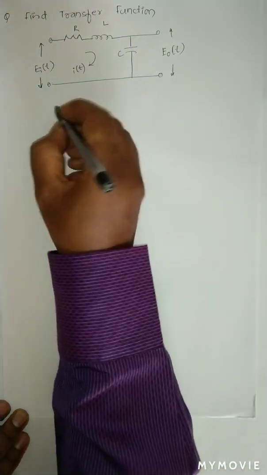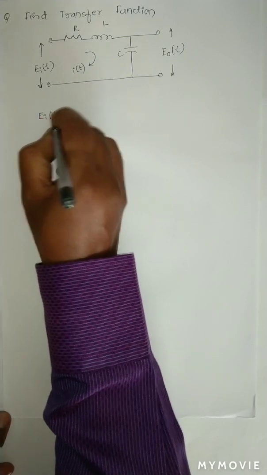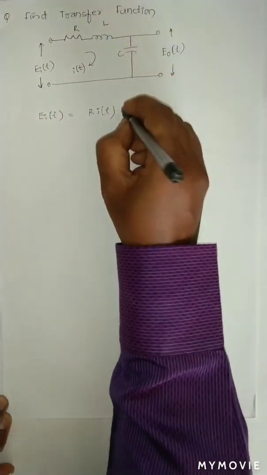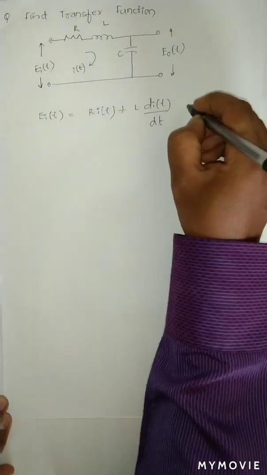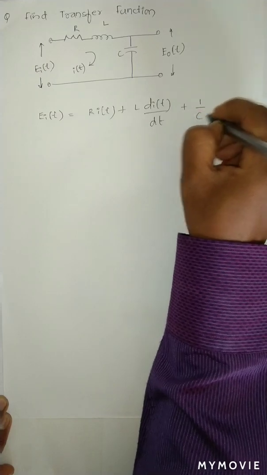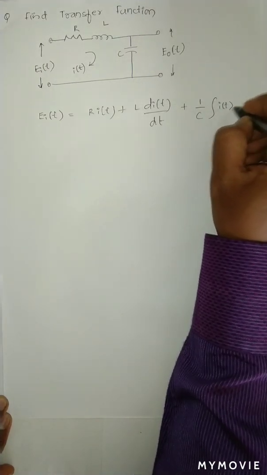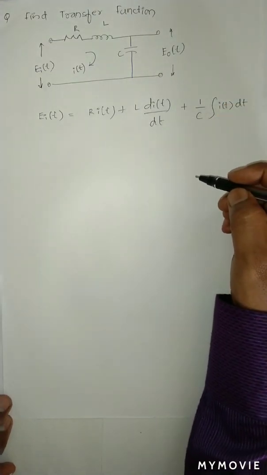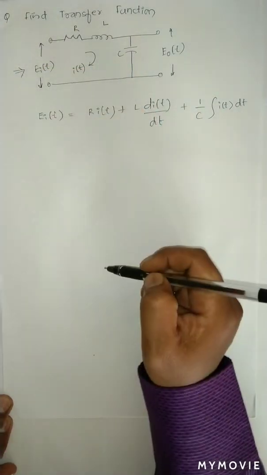So first we will apply KVL, that is EI of t is equal to R I of t plus L di of t by dt plus 1 by C integration of I of t with respect to dt, right? So this is with respect to input side.